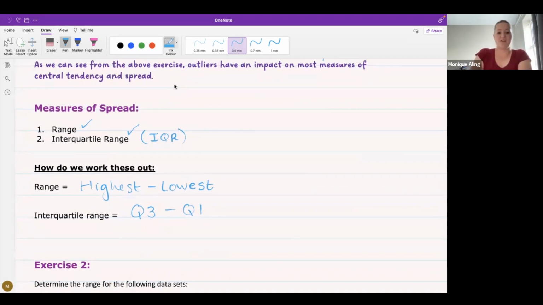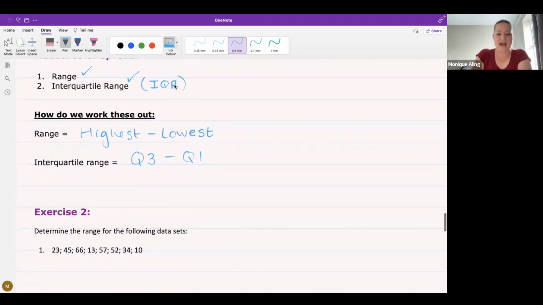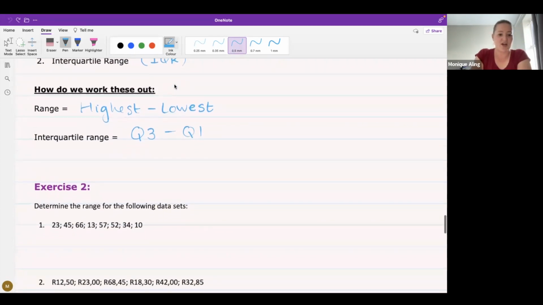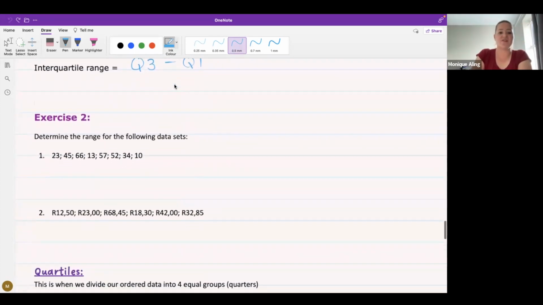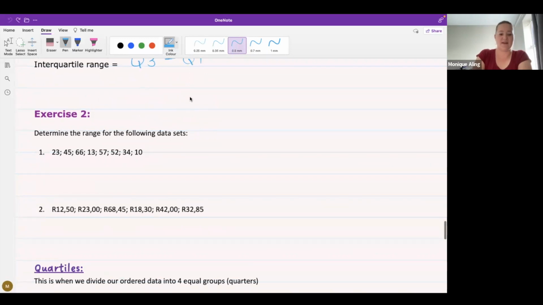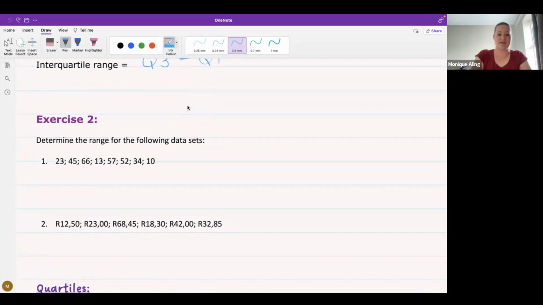Okay, so let's have a quick little look at working out the range. Determine the range for the following data sets. Okay, I'm going to ask you guys to do question 1 and 2 for me quickly.